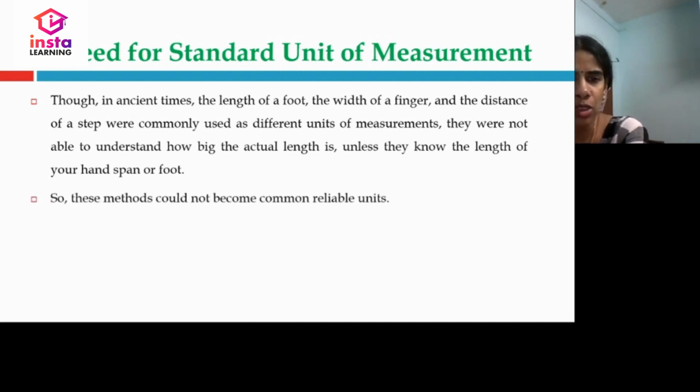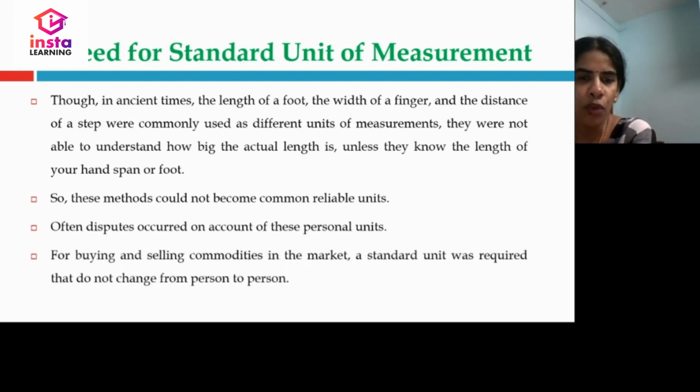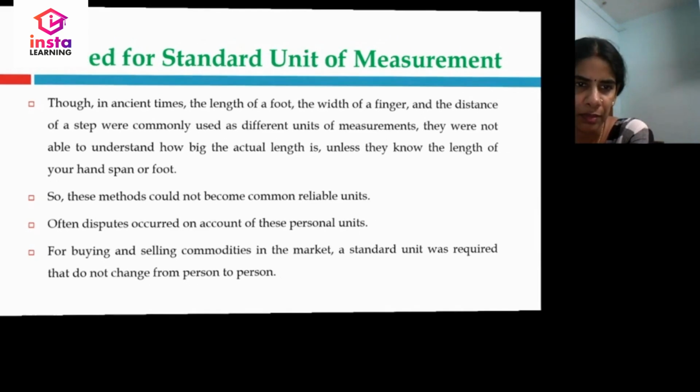So these methods could not become reliable. Disputes occurred in terms of personal units. So for buying and selling commodities in the market, they require a standard unit that cannot change from one person to another person.